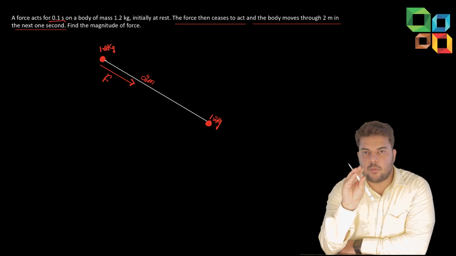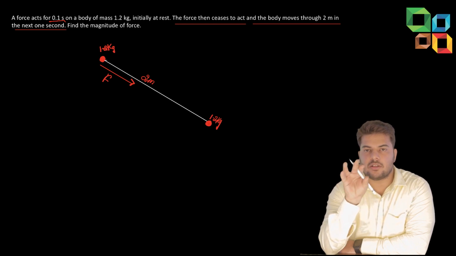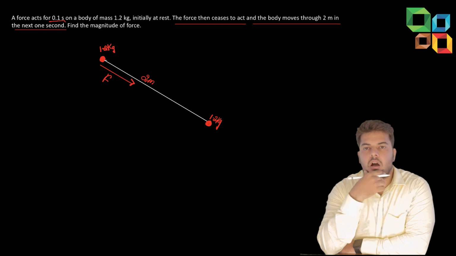If it was at rest, it would accelerate during the application of the force. So imagine this: you and your friend are astronauts. You are in space, and you push your friend who is at rest.